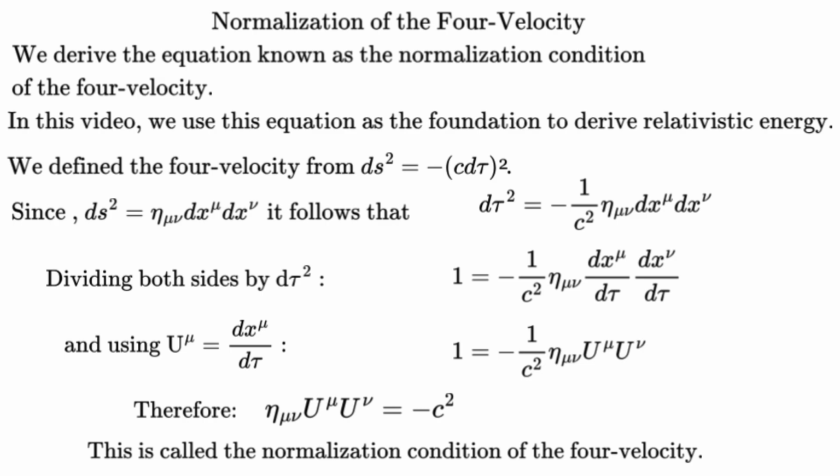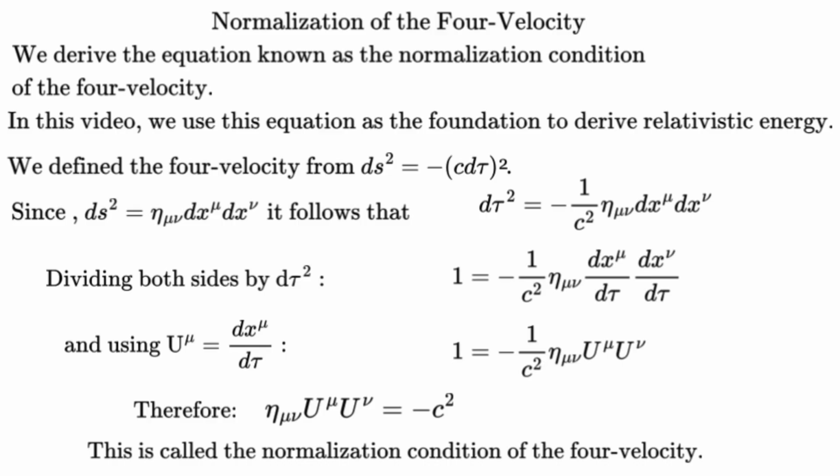Normalization of the four-velocity. We derive the equation known as the normalization condition of the four-velocity. In this video, we use this equation as the foundation to derive relativistic energy. We define the velocity from ds² equals minus cdτ squared.